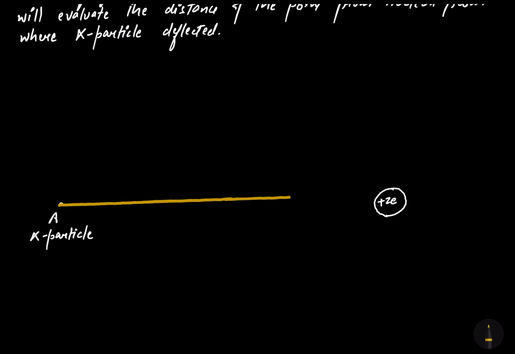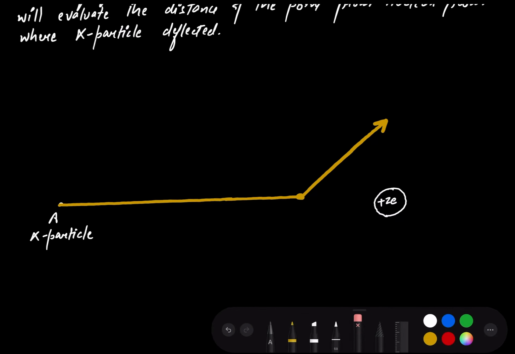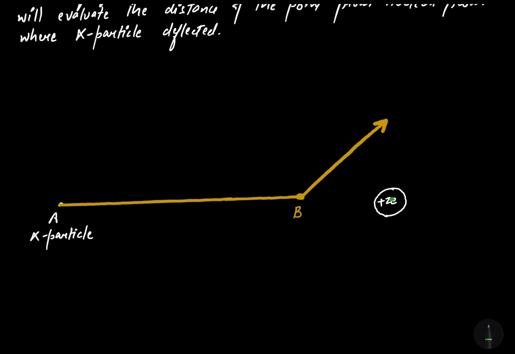From this point, the alpha particle got deflected from its original path. So let us mention this point to be B. So what will be my motive? I have to evaluate the distance of point B from the center of nucleus, and that will be my effective radius of the nucleus.